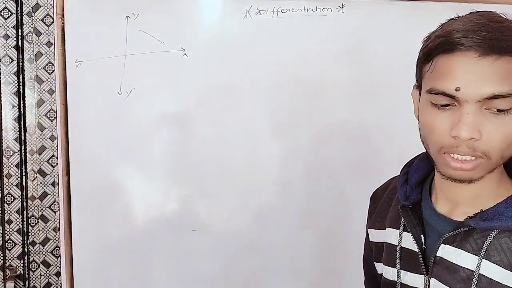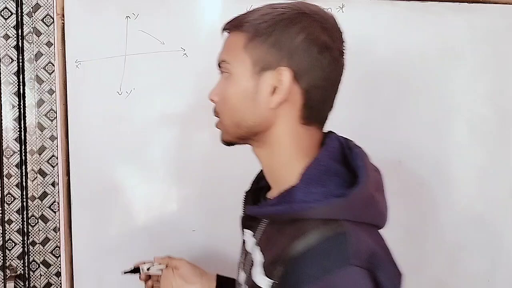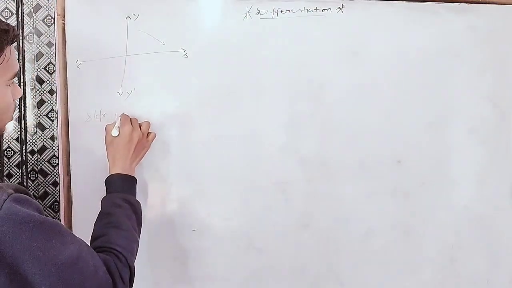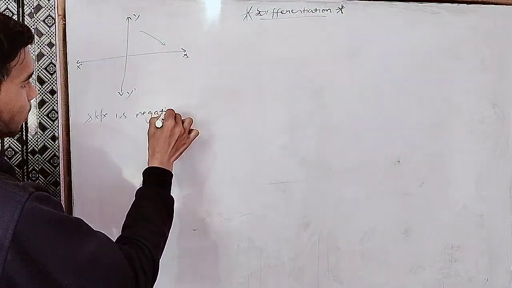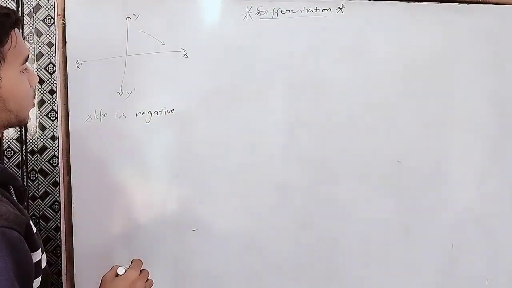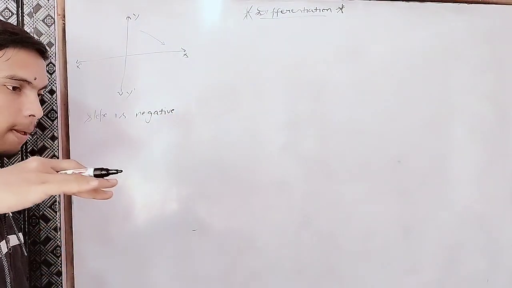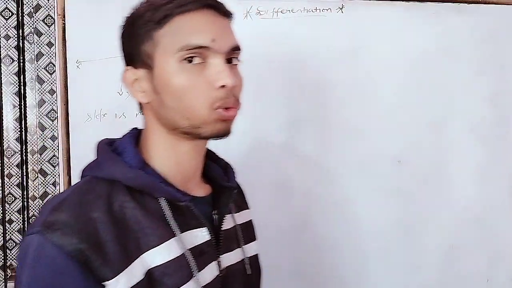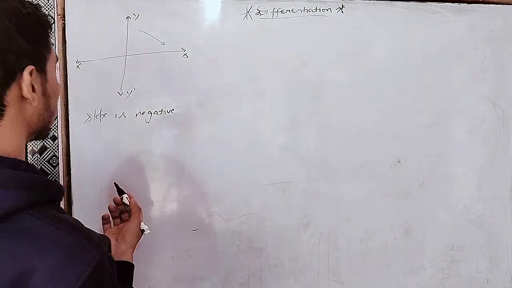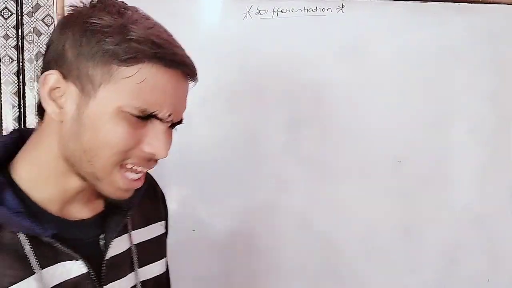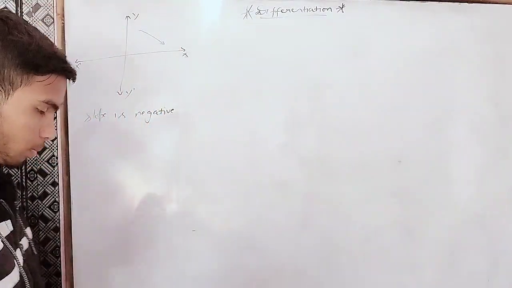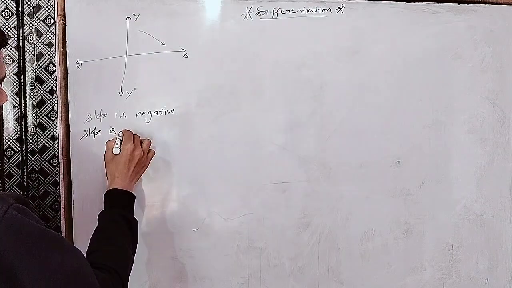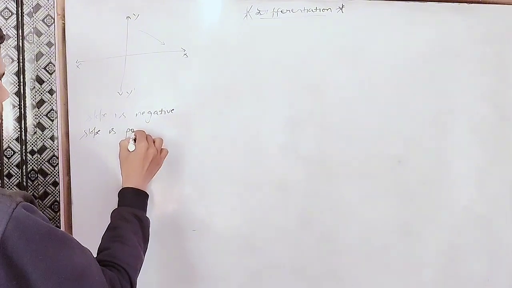That's why we say our slope is negative, when y is decreasing with respect to x. But similarly, if y is increasing with respect to x, then we say the slope is positive.